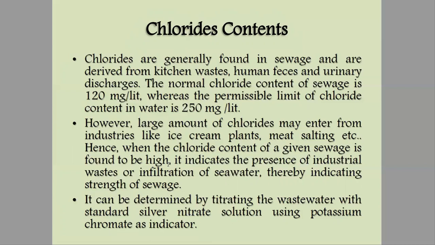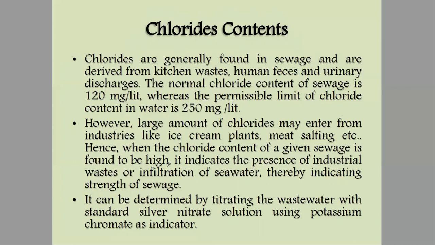Whether it is wastewater that needs to be discharged into a drainage system or rivers, or water for a supply system that may be used for drinking, we need to know the limits, the concentration of impurities present. However, a large amount of chlorides may enter from industries like ice cream plants and meat salting.